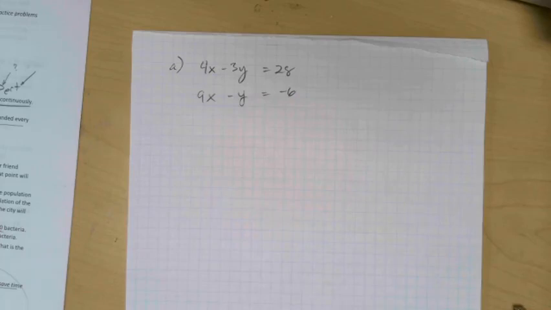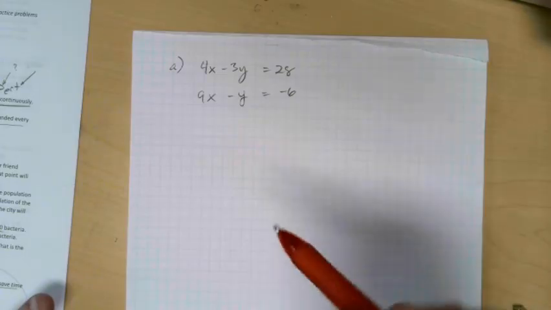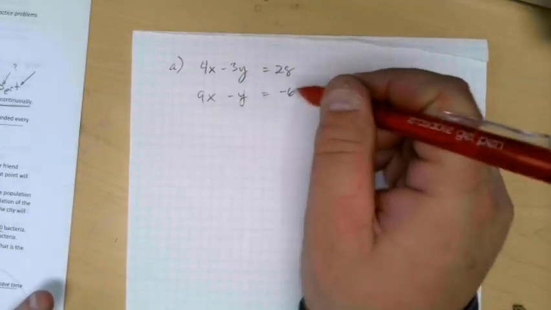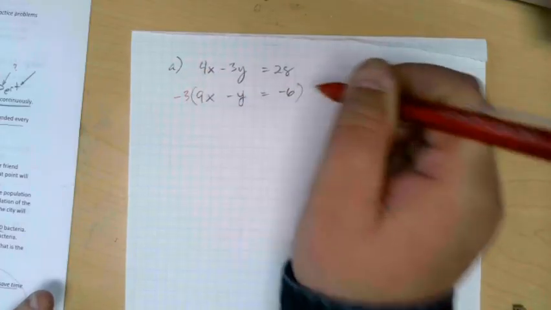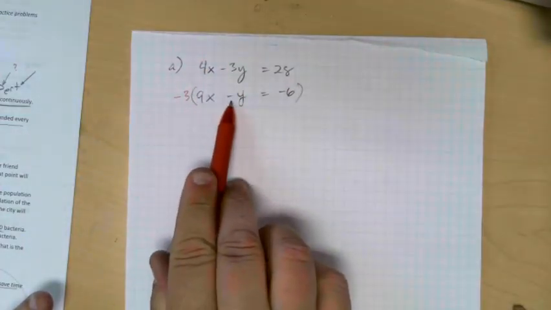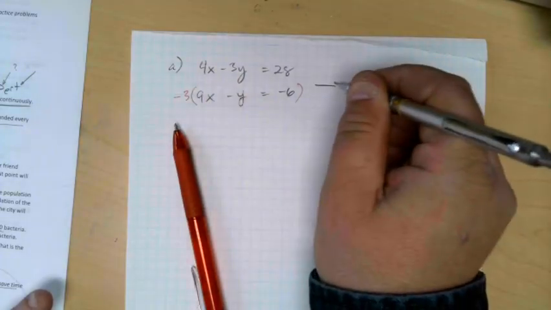I don't see that right now, so I need to multiply. 4 and 9, I really don't want to do that. But I look at this, if I multiply this by a negative 3, that will make negative 3 times negative 1 is positive 3, which will cancel that out. So I'm going to rewrite these here.